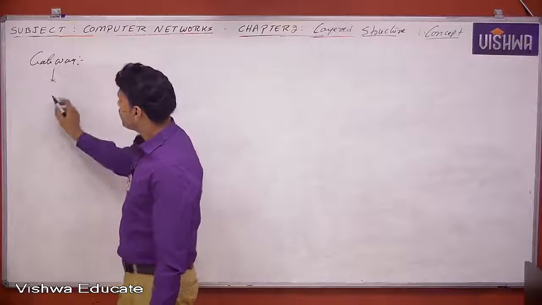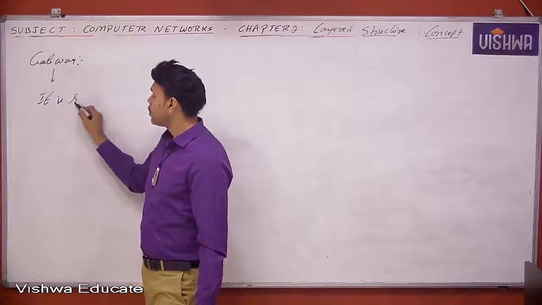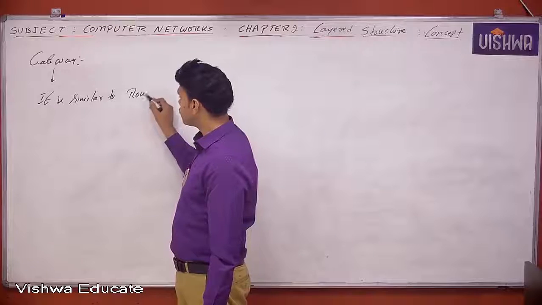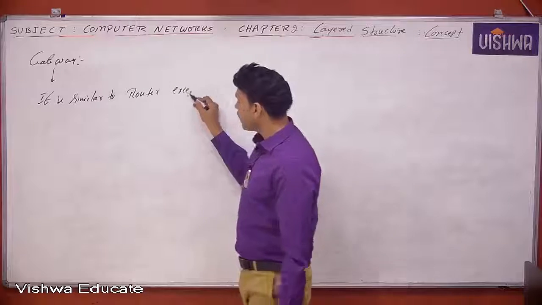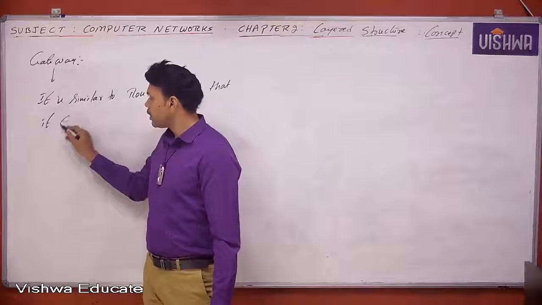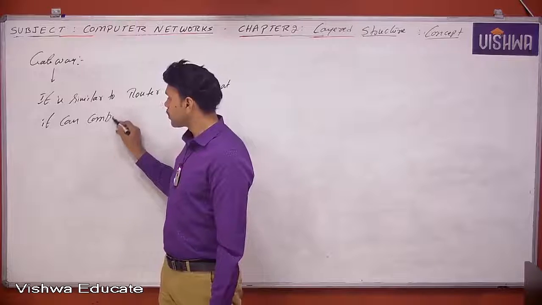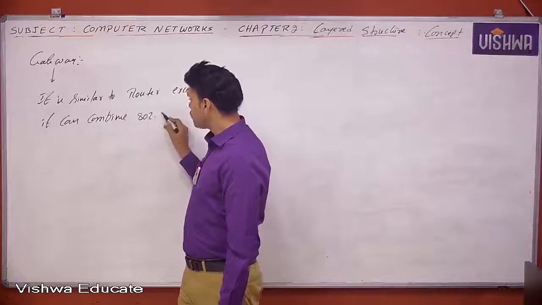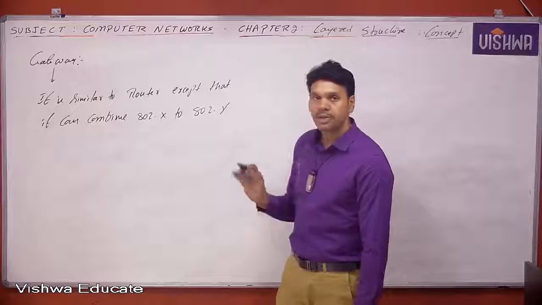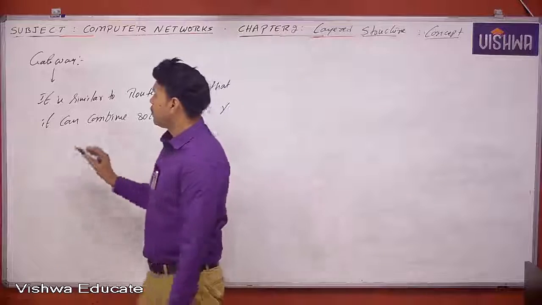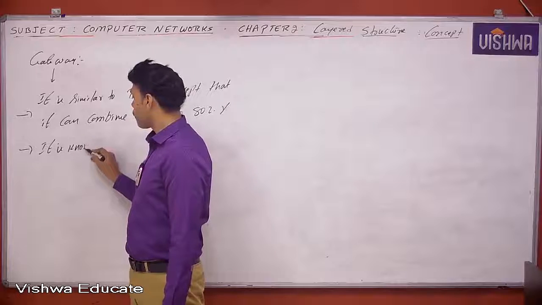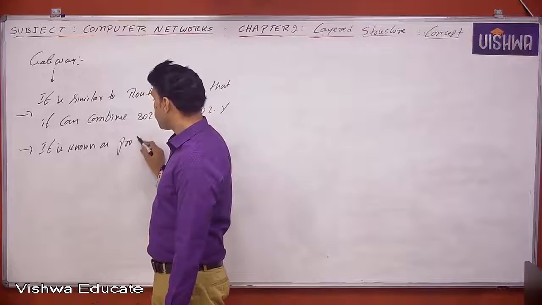When you talk about the gateway, it is similar to a router, except that it can combine 802.x to 802.y, anywhere to anywhere. That's why it is known as a protocol converter.